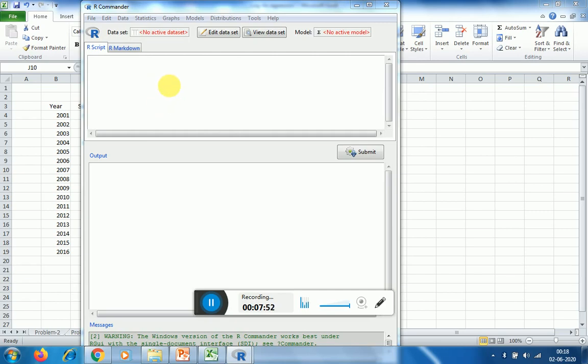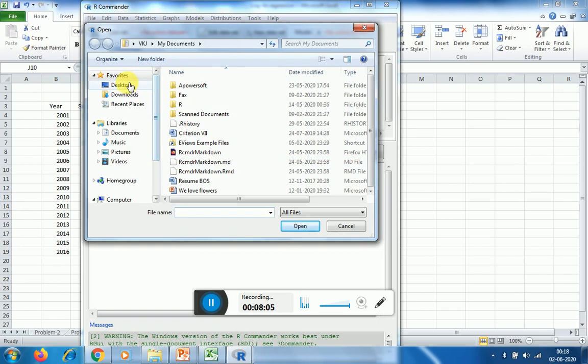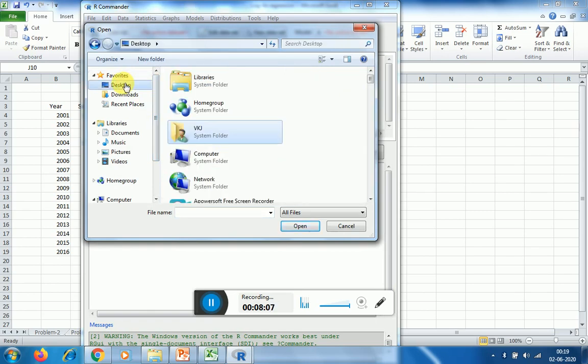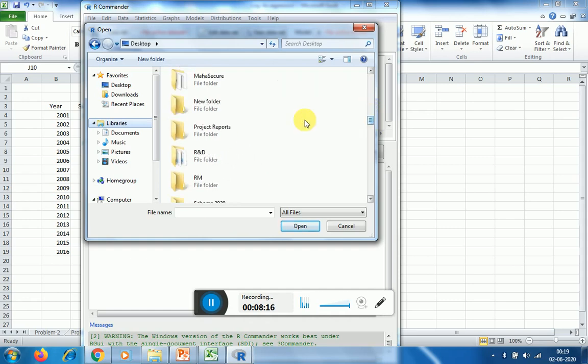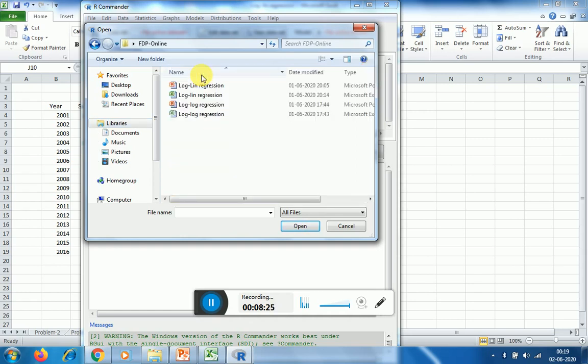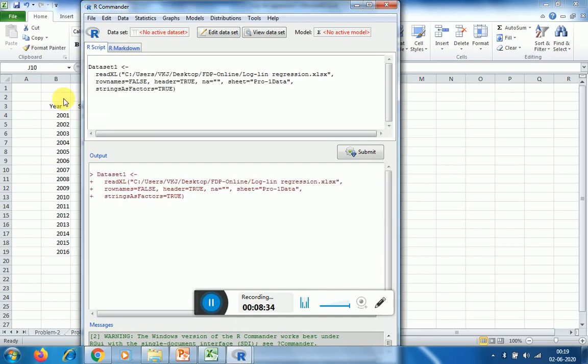So the file is opening. So log linear regression, then problem 1 data. OK.